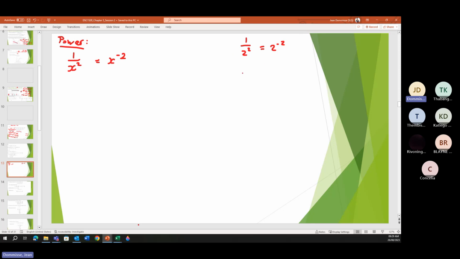You can work out on your calculator 1 over 2 to the power of 2, which equals 1 over 4. If you work that out, it will also be 1 over 4.